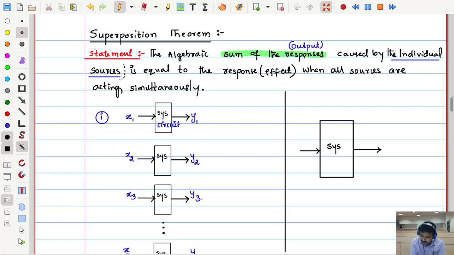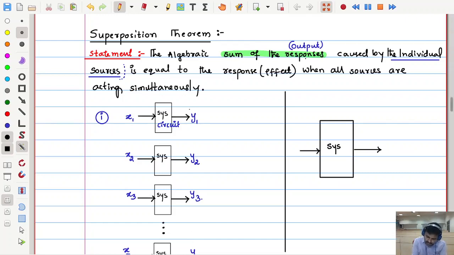Now try to see this statement. The algebraic sum of the outputs, produced by the outputs being caused by the individual sources. X1 is one individual source, X2 is another individual source. This individual source X1 produces an individual output Y1, and similarly all the other outputs Y2 to Yn.